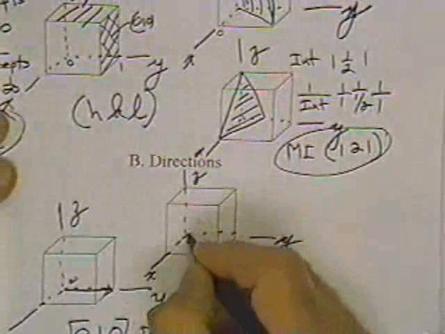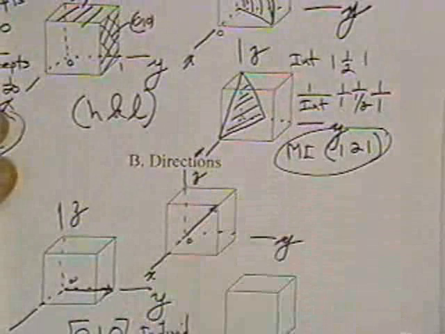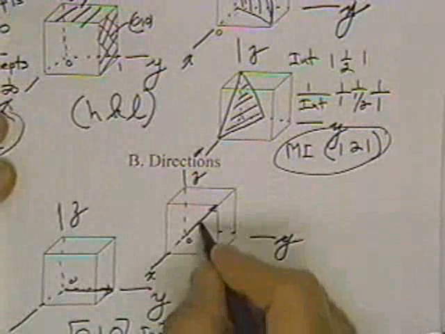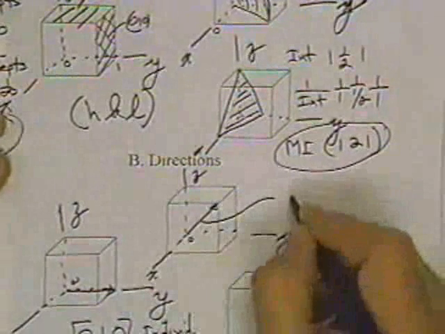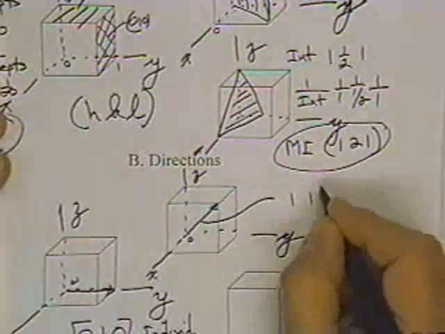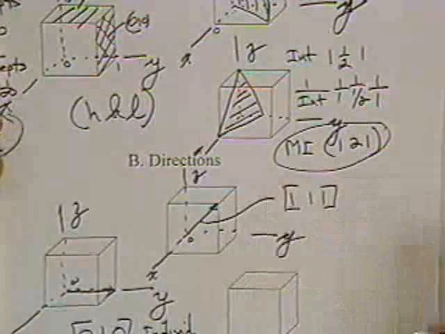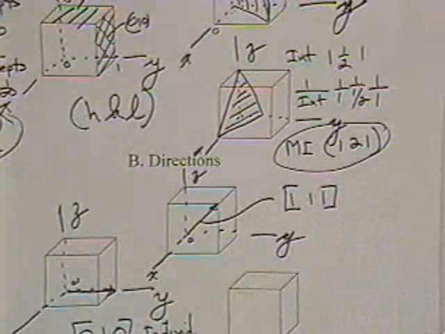Let's try this direction right here. That's supposed to be the cube diagonal, so it intercepts at 1, 1, 1. That would be the 1, 1, 1 direction. Now for cubic systems, the direction, the normal to the plane, has the same Miller indices as the plane.